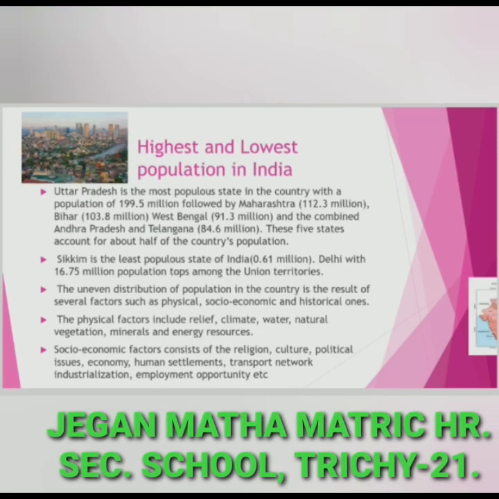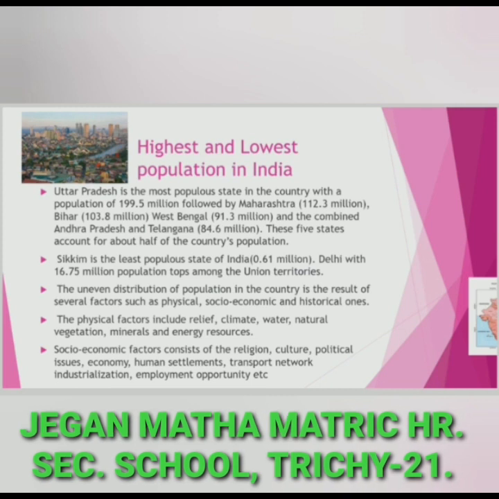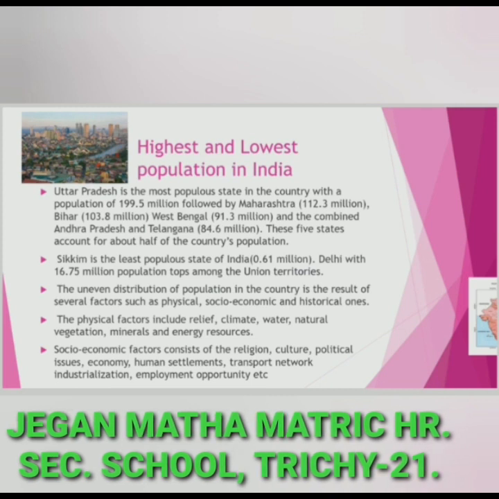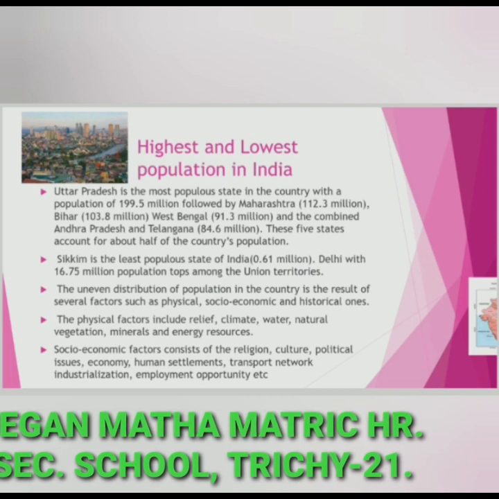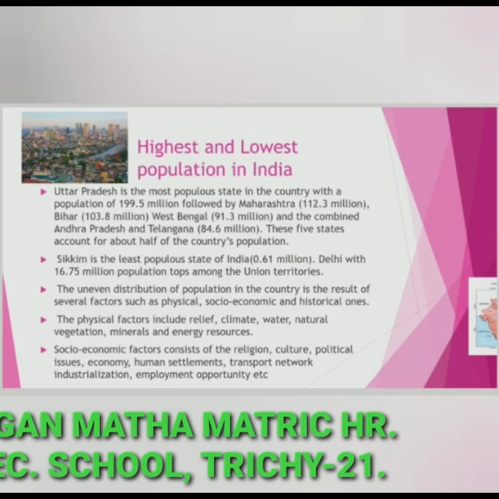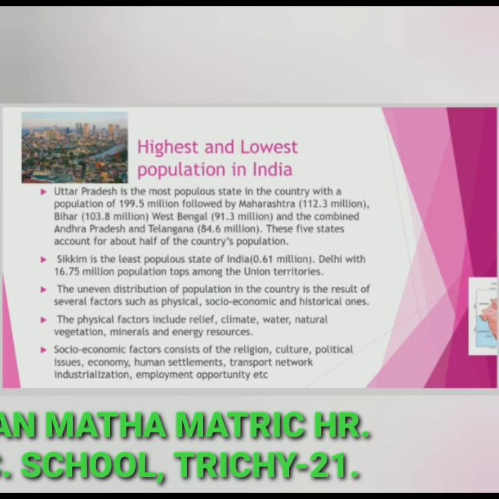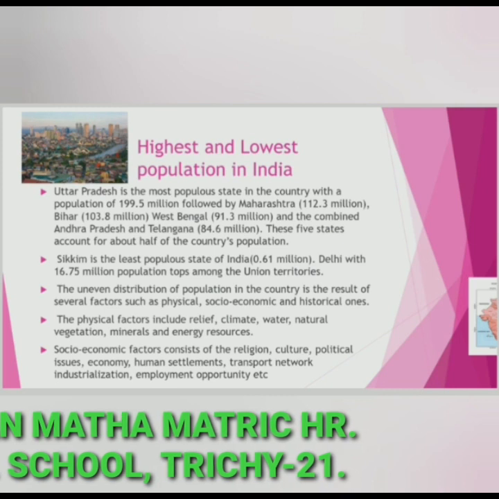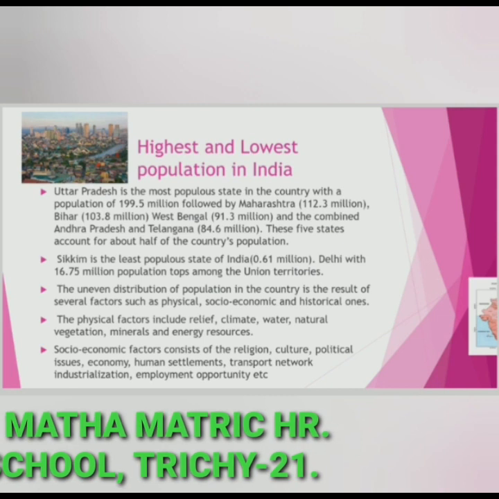Highest and lowest population in India. Uttar Pradesh is the most populous state in the country with a population of 199.5 million, followed by Maharashtra 112.3 million, Bihar 103.8 million, West Bengal 91.3 million, and the combined Andhra Pradesh and Telangana 84.6 million.